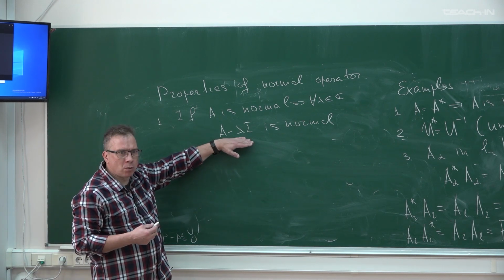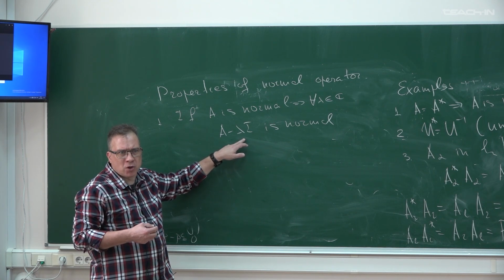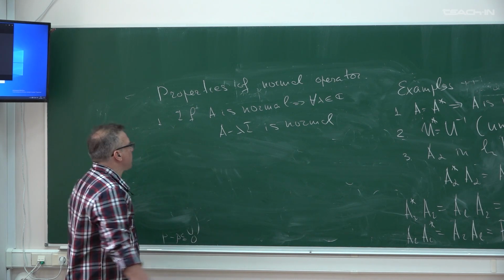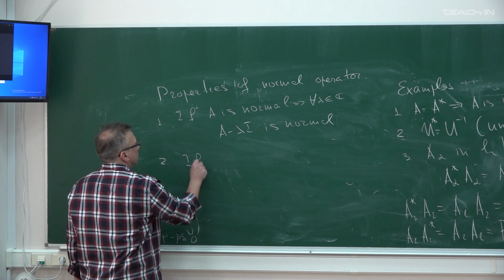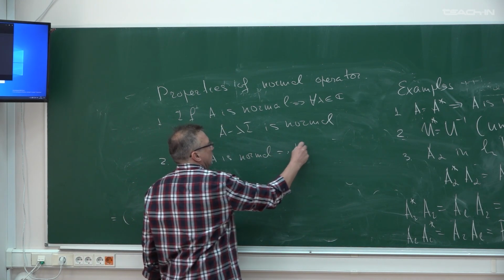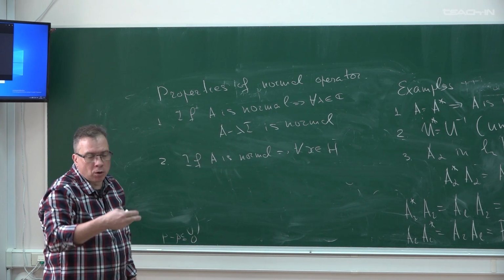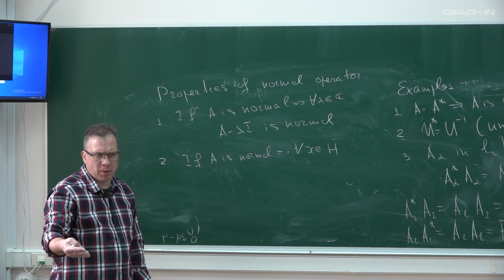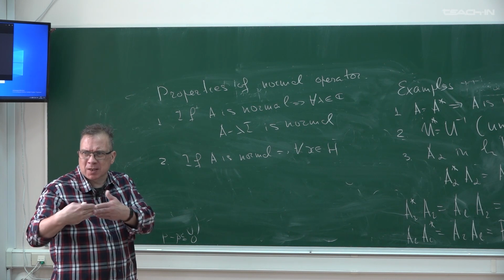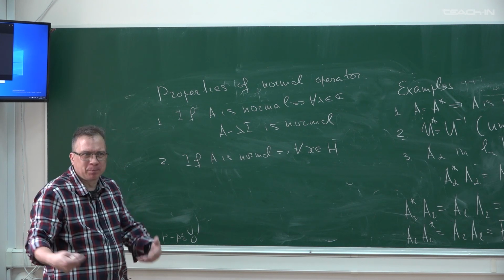So this operator is normal. The shift by a scalar operator is just a direct calculation. And of course, the notion of a normal operator is only correct in Hilbert space, because you can't define the multiplication of an operator with its Banach adjoint, because they live in different spaces.